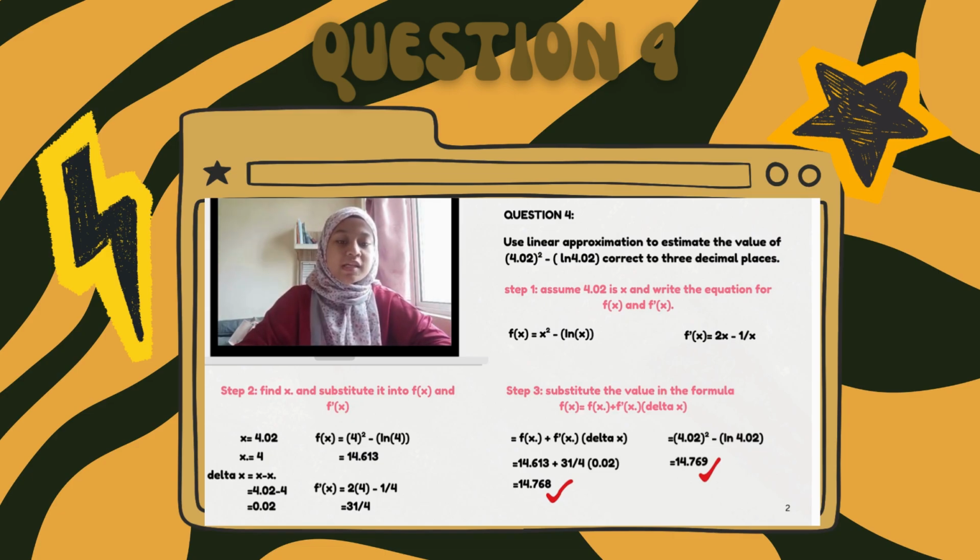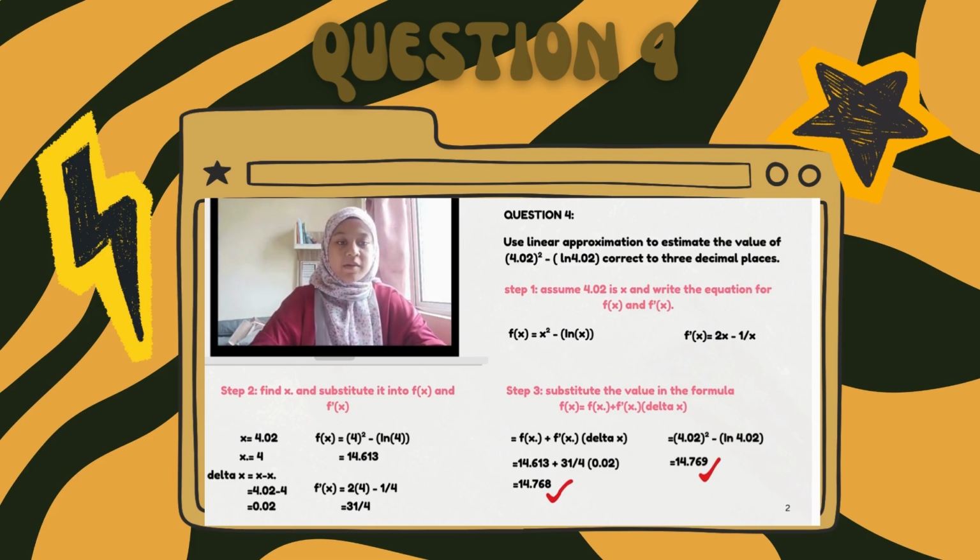So delta x is equal to x minus x naught. So 4.02 minus 4, we're going to get 0.02 as delta x. So x naught is 4, so we're going to substitute it into f(x) and f prime(x). For f(x), we're going to get 14.613, and for f prime(x), we're going to get 31 over 4.